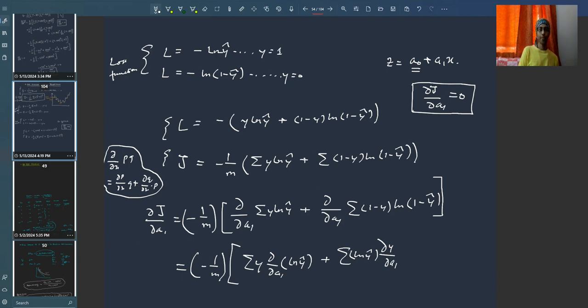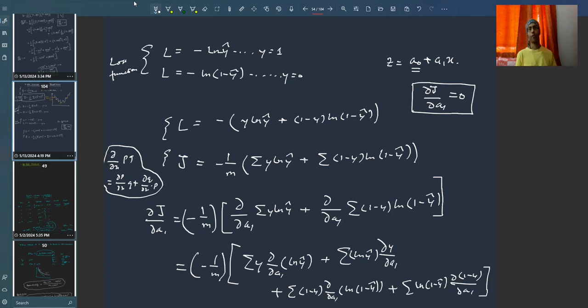So we will be doing the same with the second expression also: sum of 1 minus y into del a1 of ln 1 minus y hat plus sum of ln 1 minus y hat into del of 1 minus y by del a1. This is the total expression, friends.